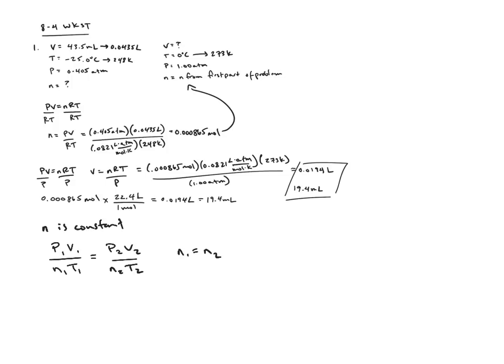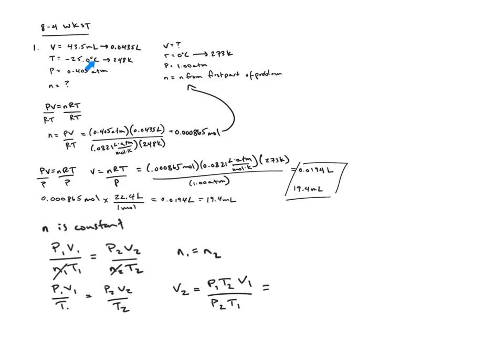So they would actually just cancel out, and what I'm left with is the combined gas law. And I only need to solve for V2. So V2 would be P1 times T2 times V1 divided by P2 times T1.